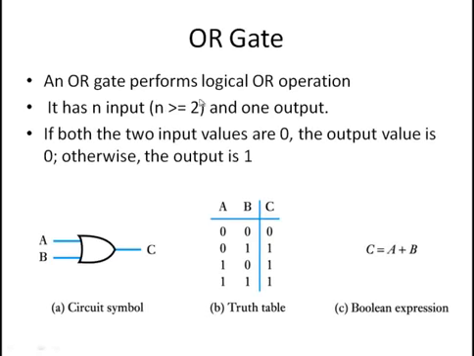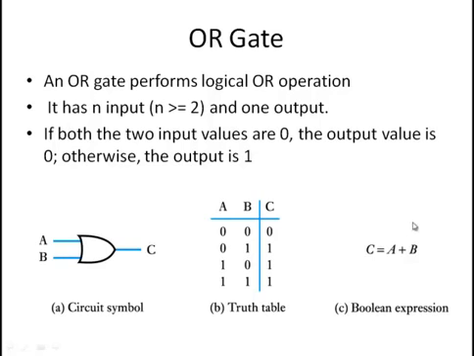Next it is the OR gate. The OR gate performs the logical OR operation, which somewhat resembles the addition process, except for the case where A equals B equals 1.